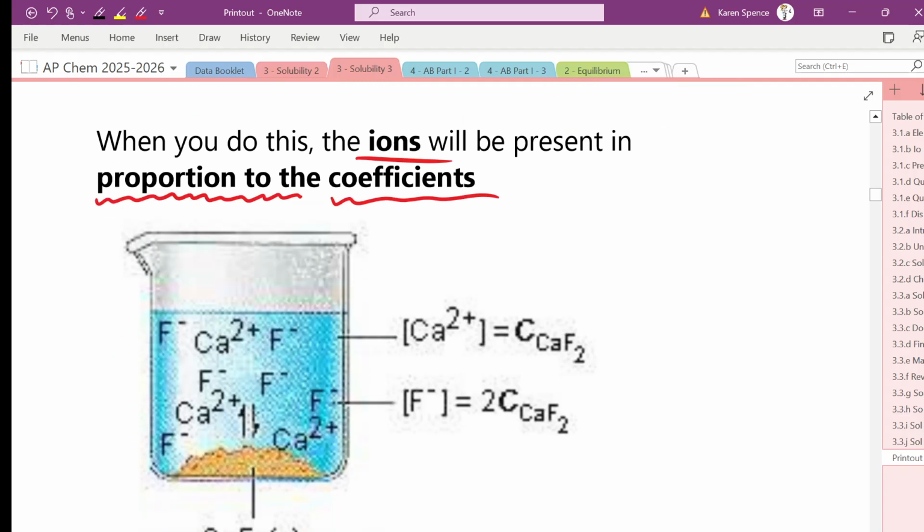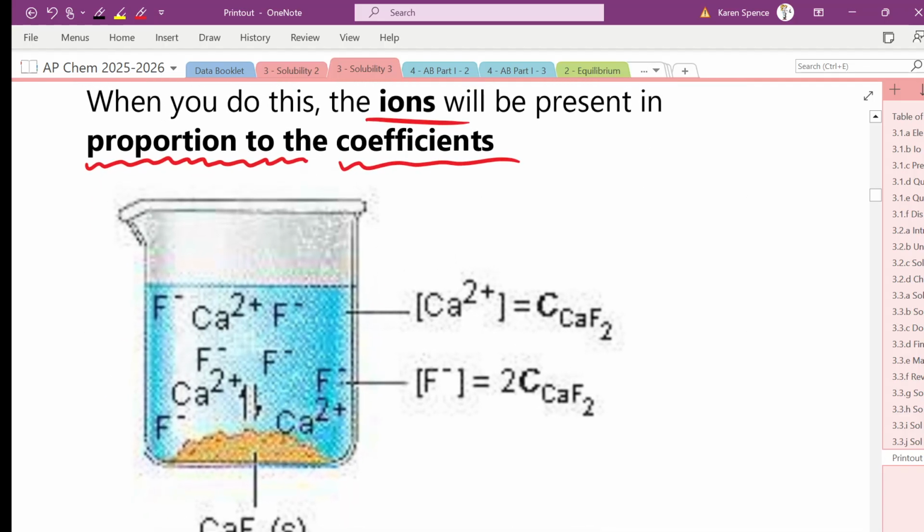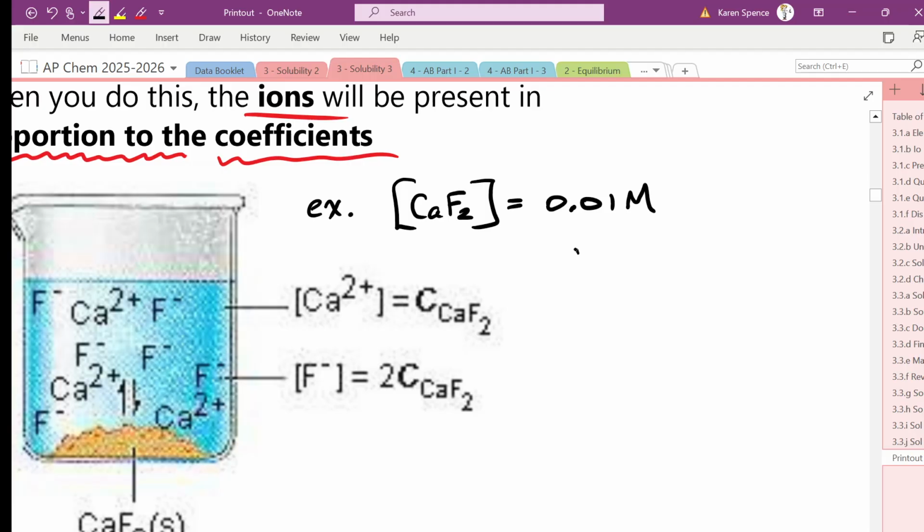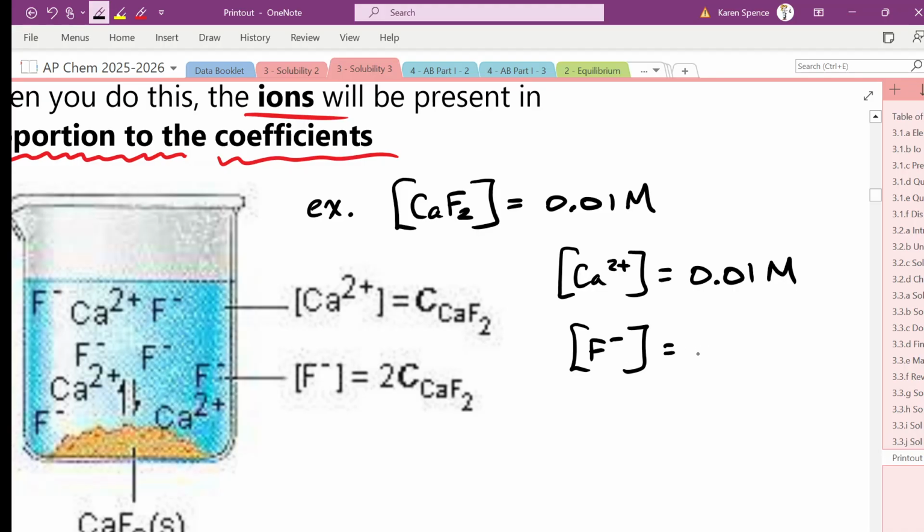So if we have CaF2, let's say, for example, the concentration of CaF2 was 0.01 molar, then what would the concentration of calcium be? 0.01 molar. And the concentration of fluoride would be 2 times that.